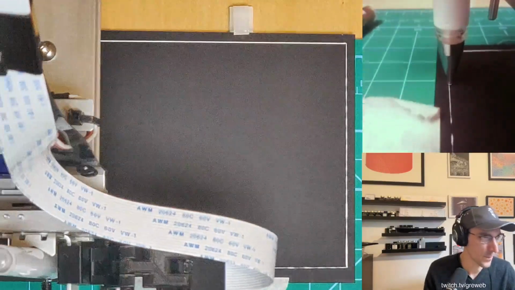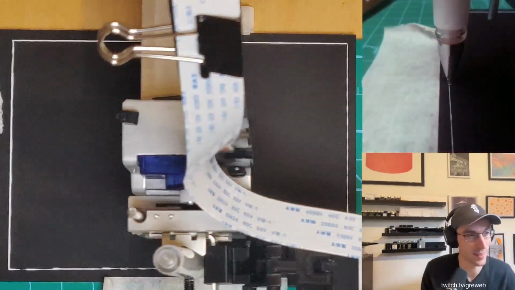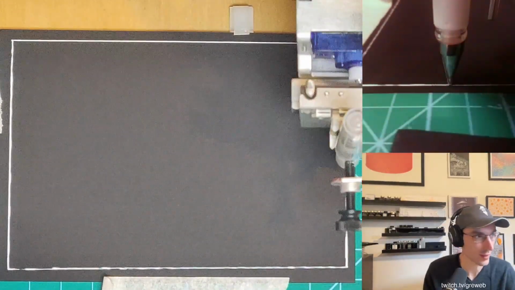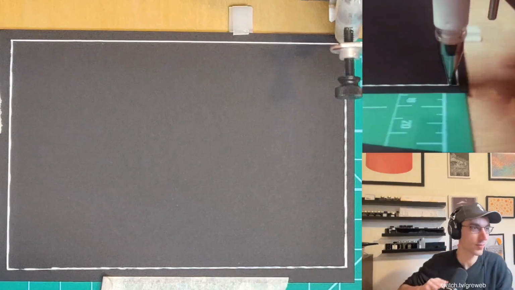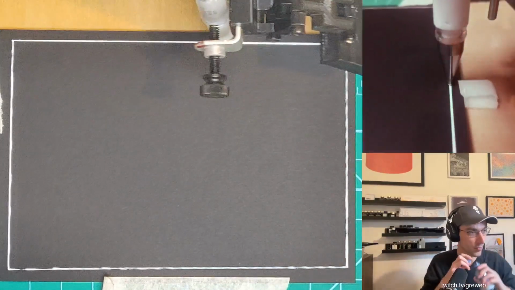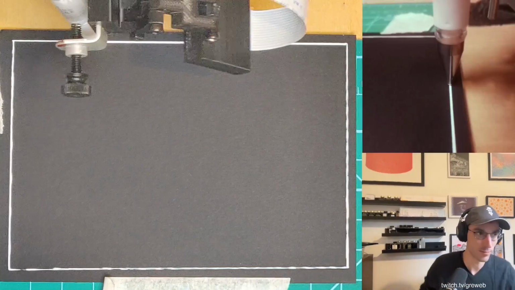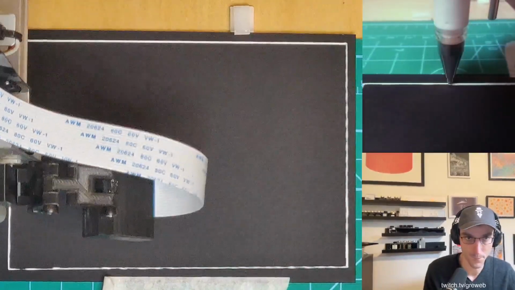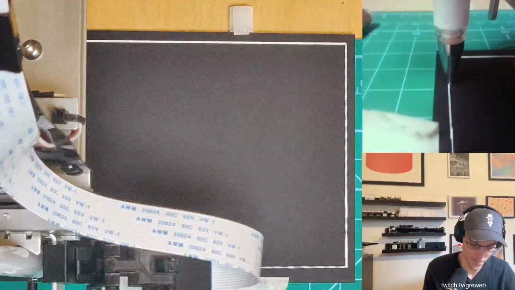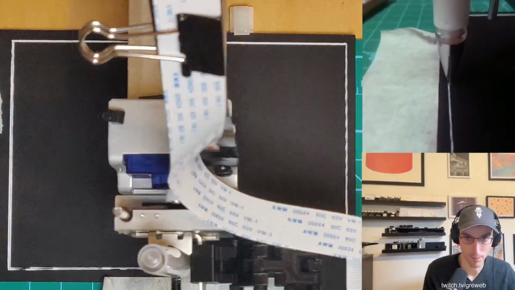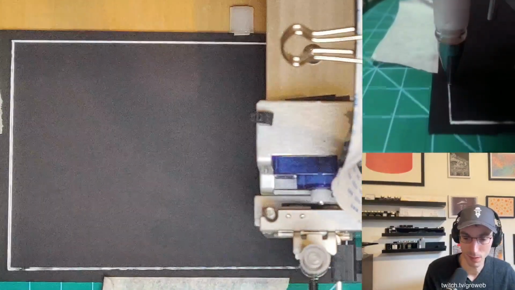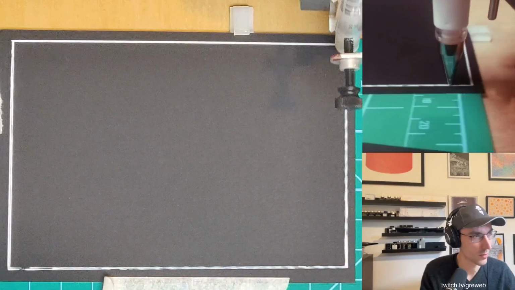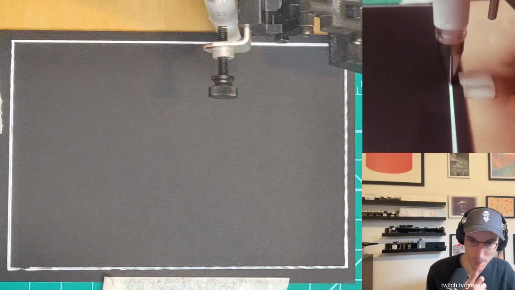Looks good so far. So you can see the gel pen can do different things, can have different texture. So it took about 30 minutes to plot the previous one.